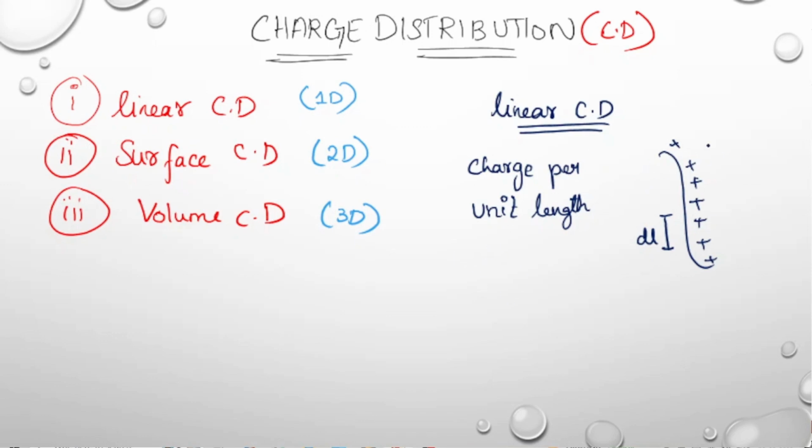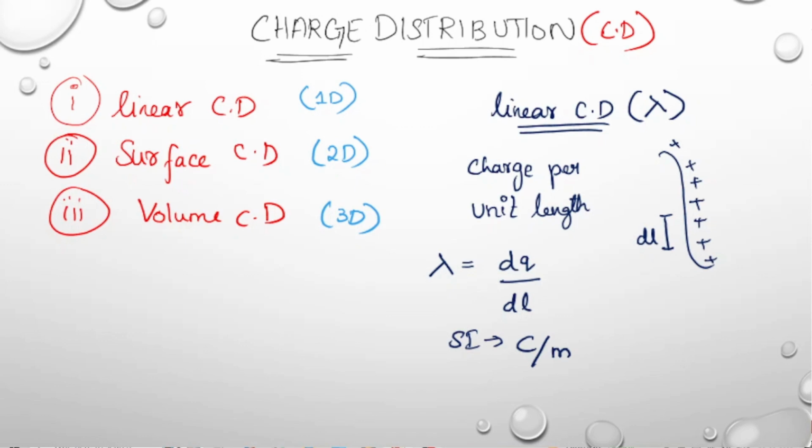Linear charge distribution is always represented with lambda. So lambda is equal to the small charge per small length, charge per unit length. What is the SI unit? Charge is Coulomb, length is meter.